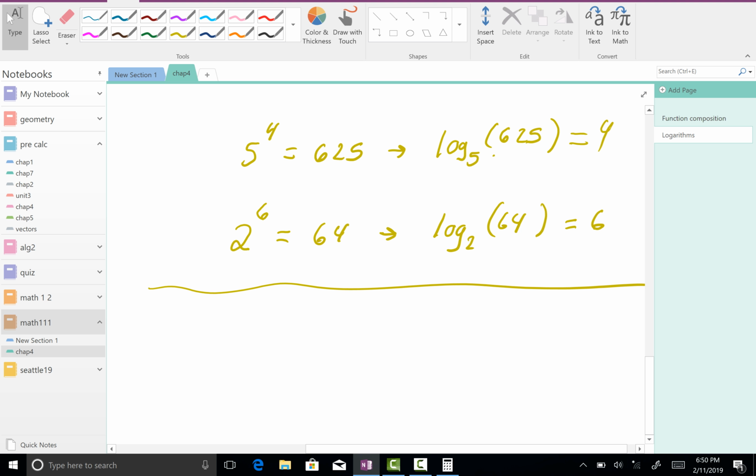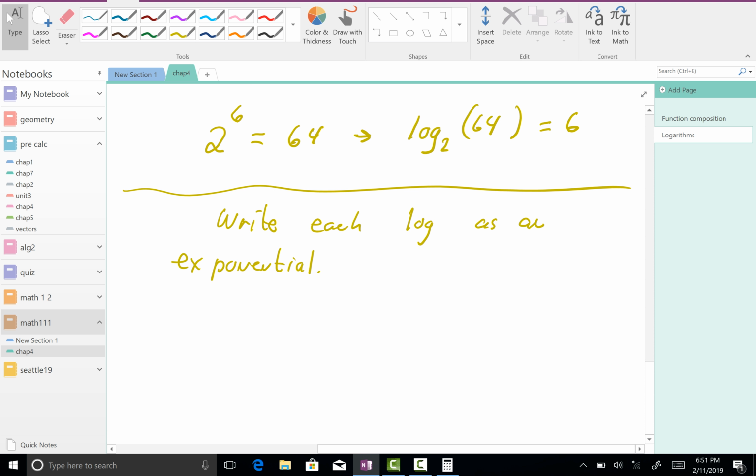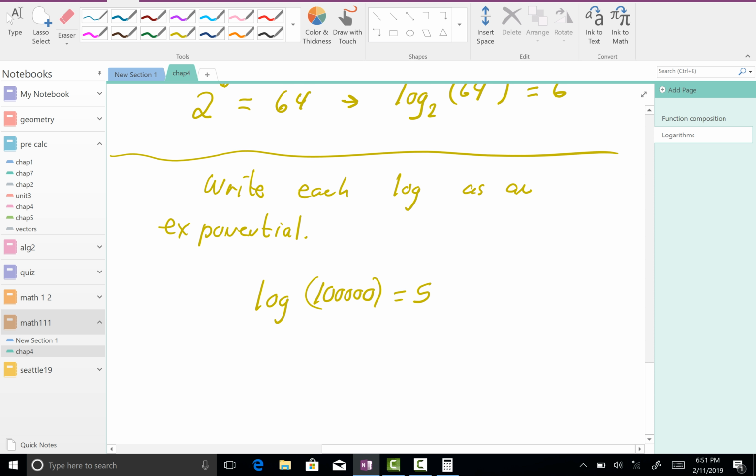Okay, so now let's go the opposite direction. Now we're going to write each log as an exponential. So here I have the log of 1 with 5 zeros, that would be 5.